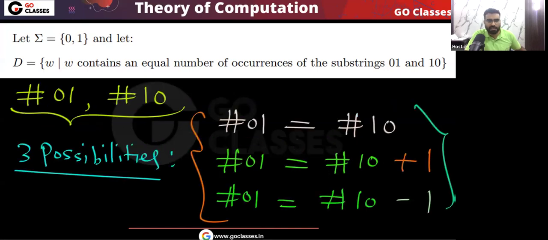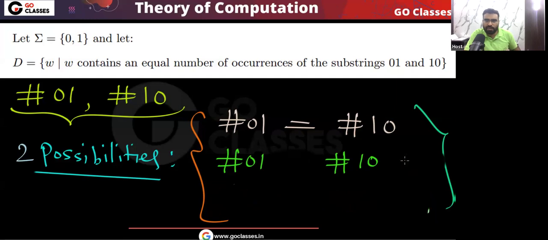So this is what I'm saying: either they will be the same, or they will have a difference of 1. I can say there are two possibilities, or you can consider three possibilities. Don't worry.